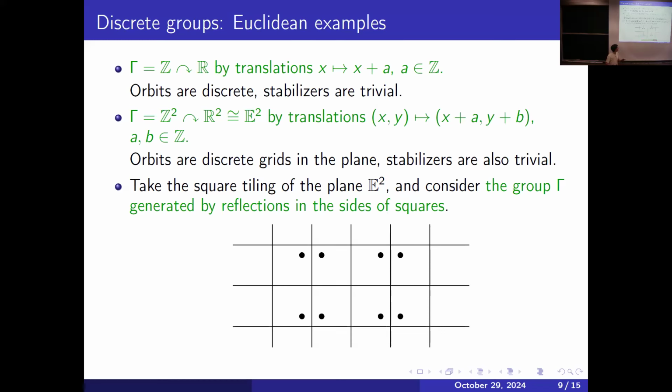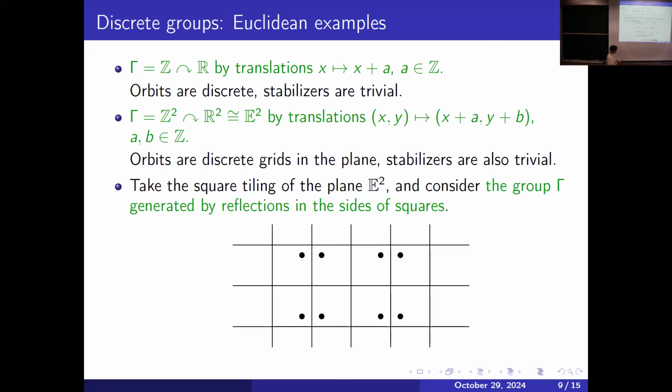You basically take the integer grid and draw all vertical and horizontal lines passing through integer points on the axes x and y. It gives you the tessellation of the plane by identical copies of squares. And you can take the group gamma generated by reflections in the sides of those squares. In fact, it's enough to take just one square.